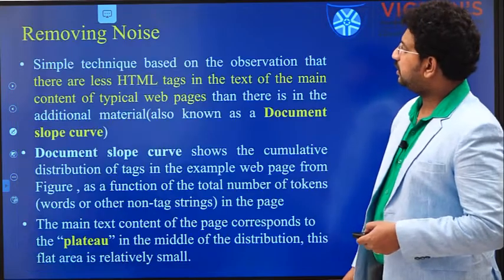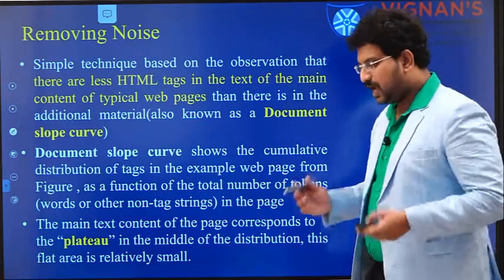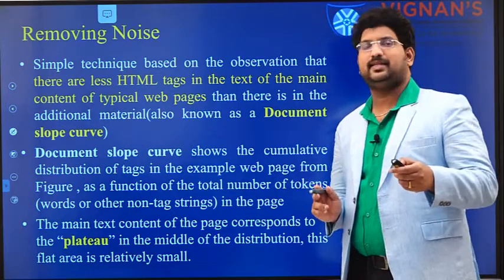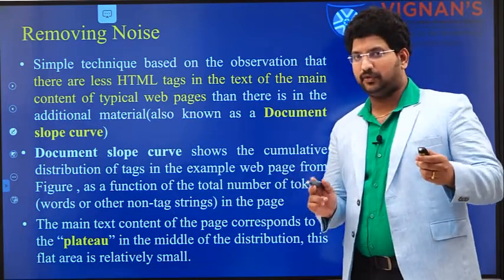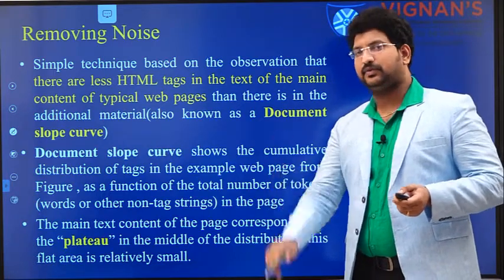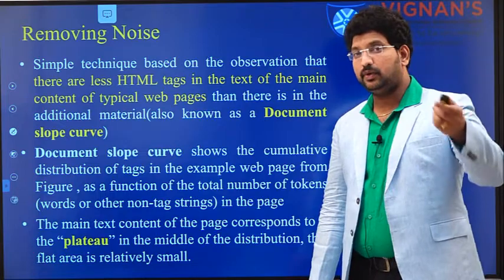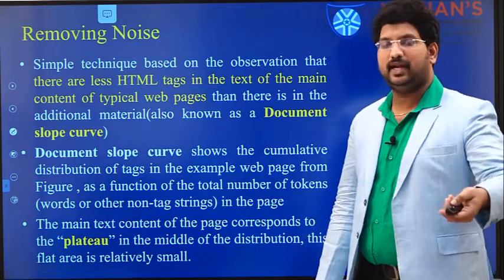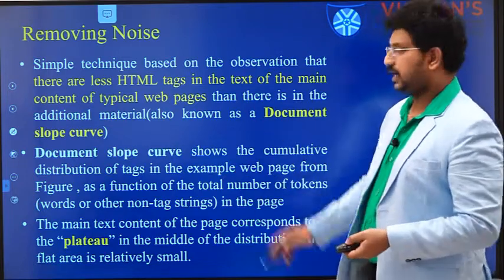Now, as part of removing the noise, we are trying to understand that a web page consists of useful content and also non-useful content. If you want to identify that something is useful content, how are we going to identify it?